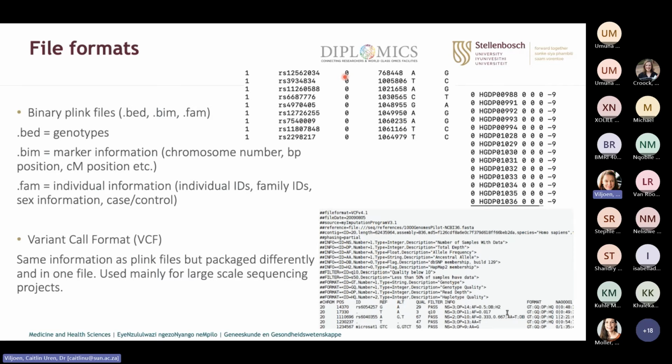You may find in some of the .bim files that rather than an RSID, you'll have the chromosome number, in this case 1, then a colon, and then the base pair position. That is particularly for variants that don't have an RSID, and in that case, they'll be novel SNPs.